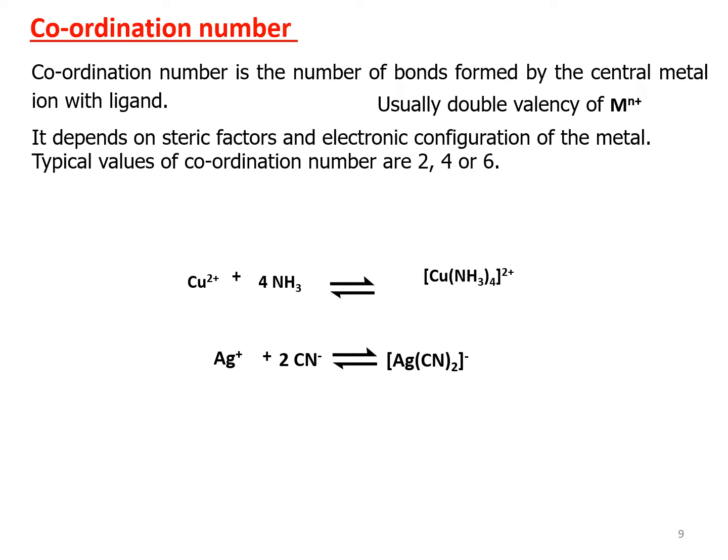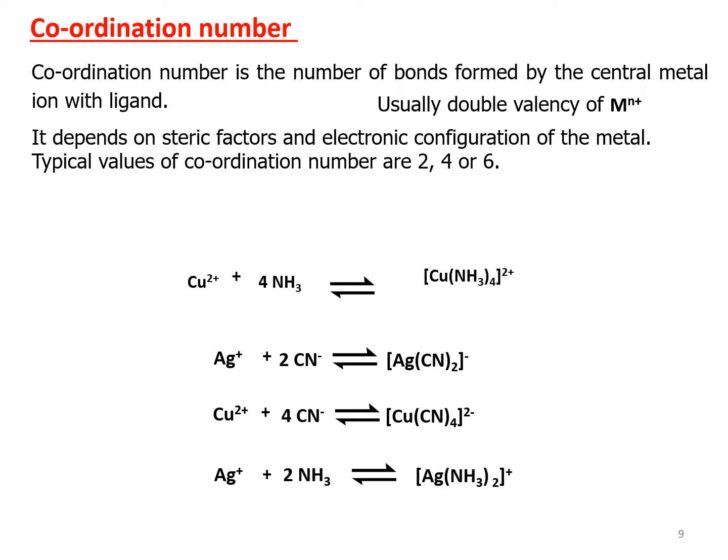We took 2 parts of cyanide multiplied by -1 and 1 part of silver, which is 1 positively charged, so the end result will be a 1 negatively charged complex of silver cyanide. Same goes here for copper and cyanide, and same here with silver and amine.